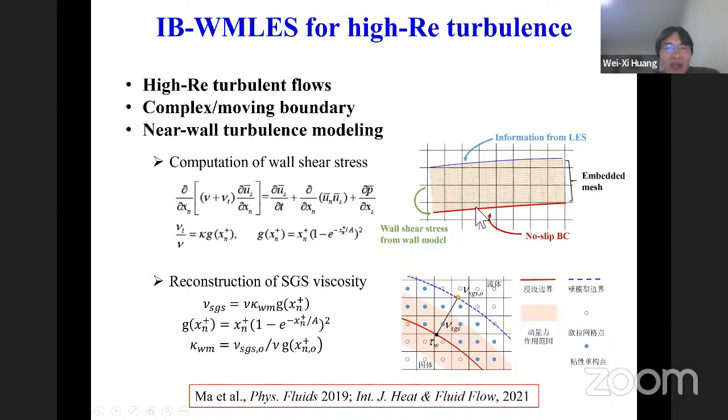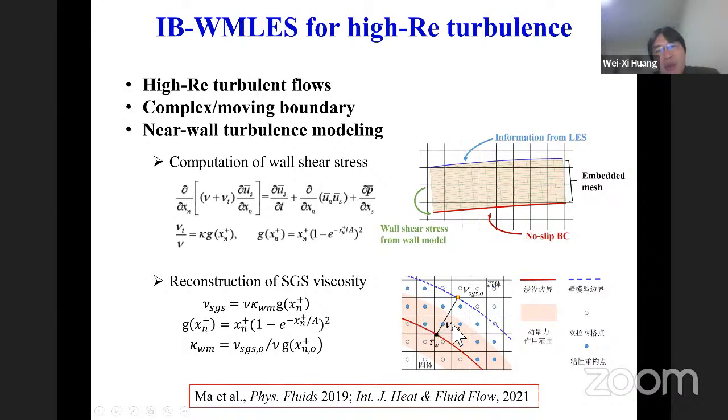So in this way, we just solve the near wall region. We solve the wall model equation, called the thin boundary layer equation, to get the accurate shear stress, and then we can modify the subgrid scale viscosity near the boundary to enforce the wall model.